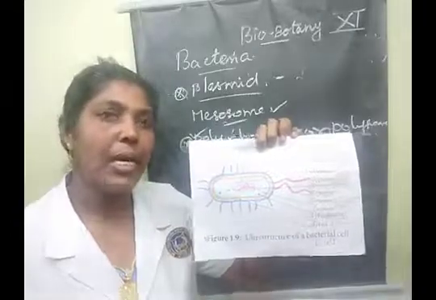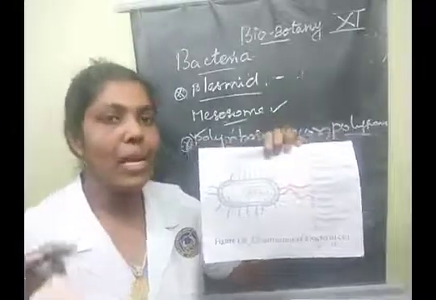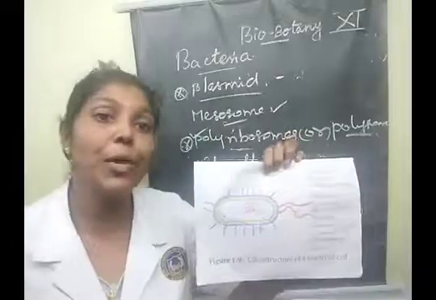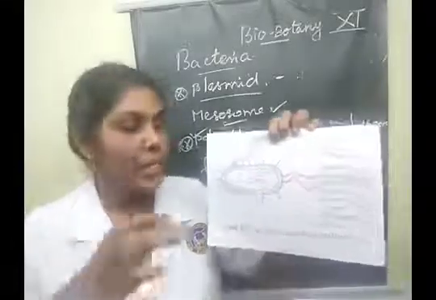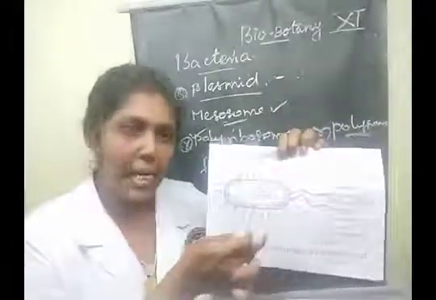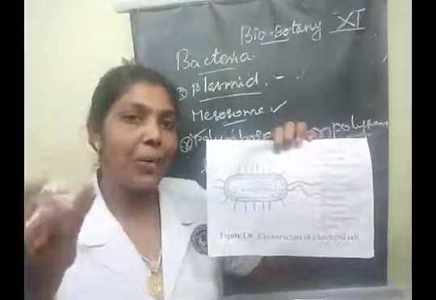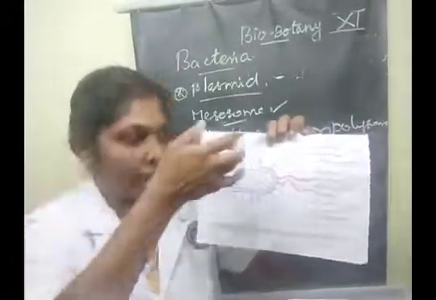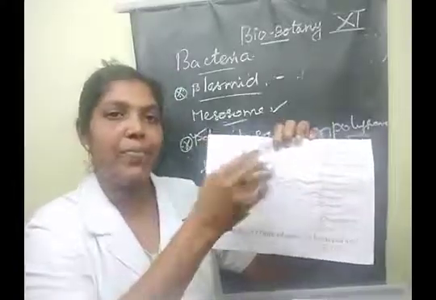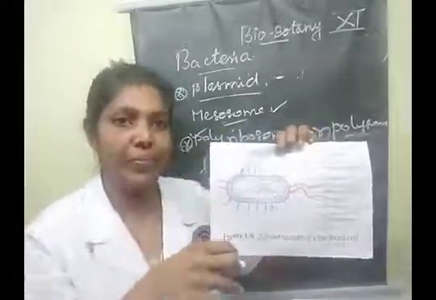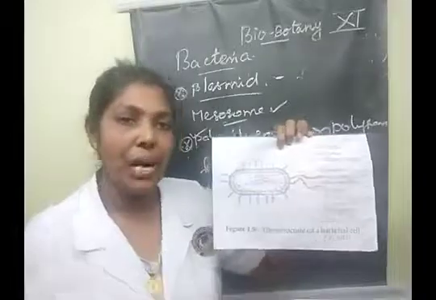Some bacteria, mainly gram-negative bacterial cells, have numerous hair-like appendages, meaning outgrowths, around the cell wall surface region. That is known as pili.